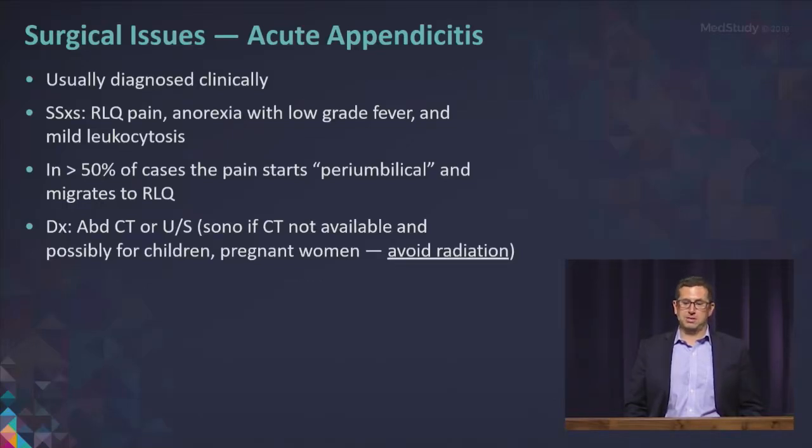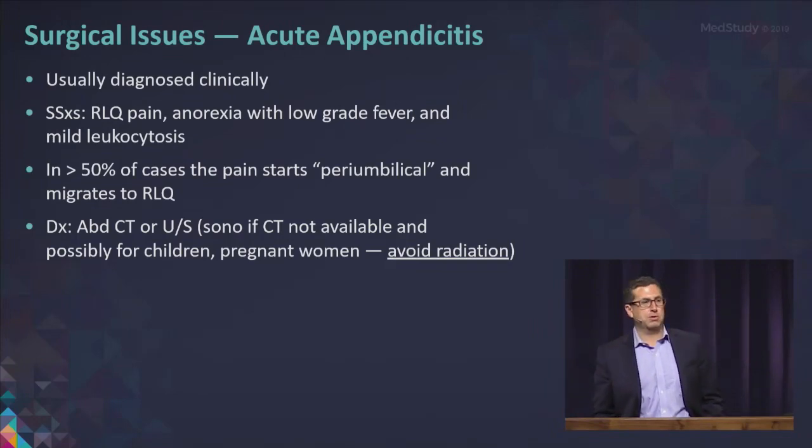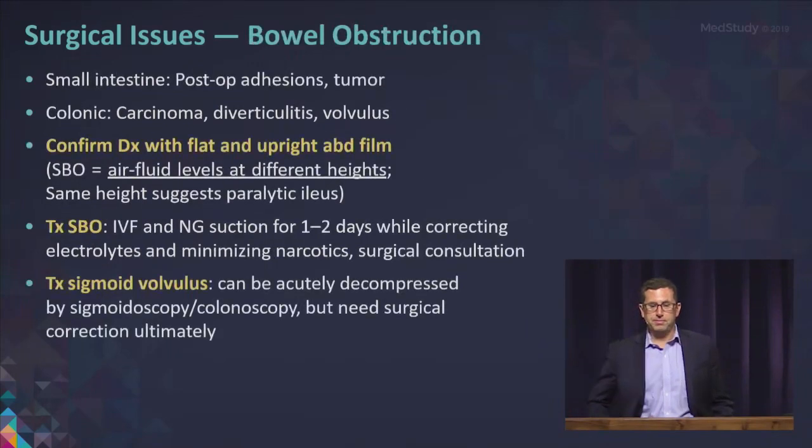The way to diagnosis is really CT scan or sonogram. In some scenarios, you won't actually use a CT scan. For example, if you have a pregnant woman that you don't want to expose to radiation, you could use a sonogram, or if you have a child that you don't want to expose to the radiation of a CT scan, you could use a sonogram for diagnosis.